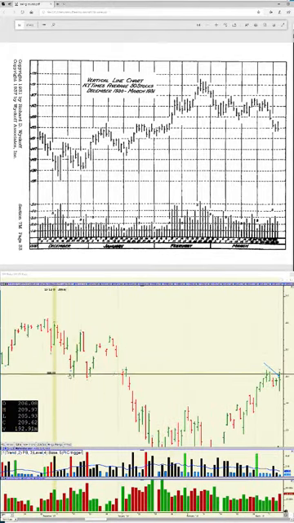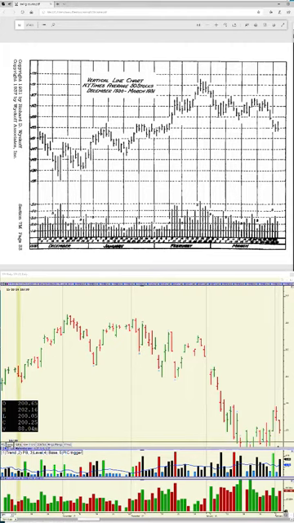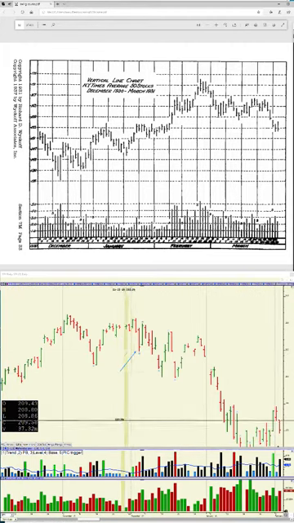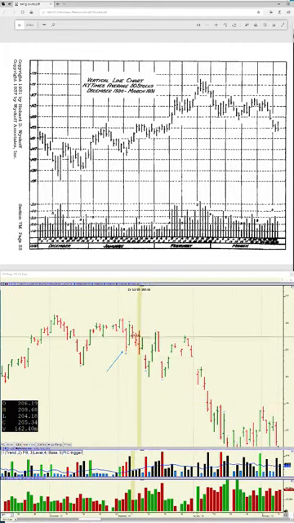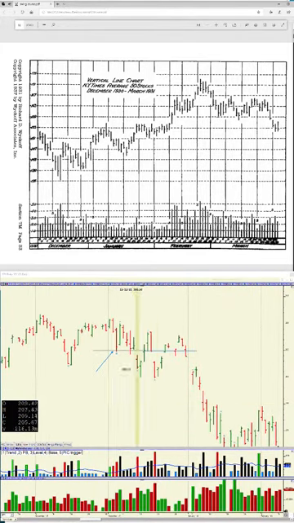Anyway, one final example over here. There's your selling. There's your break. Okay, selling. It tries to go up, fails, breaks, comes up, termination.